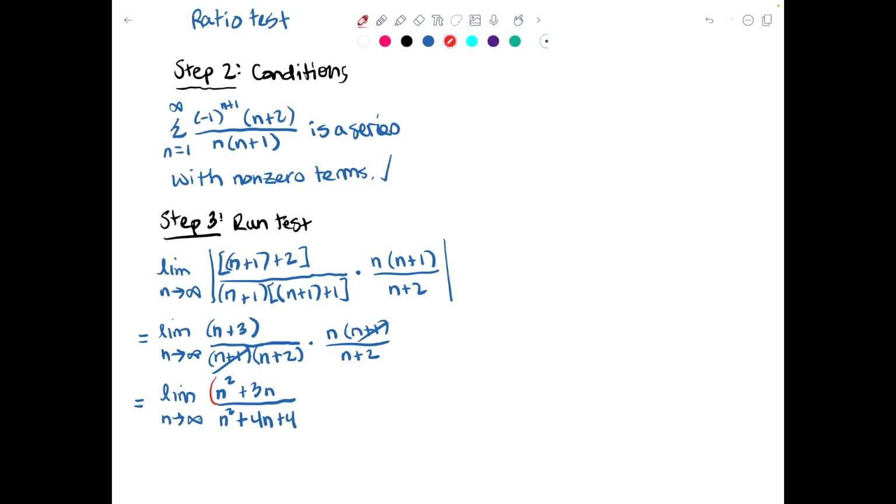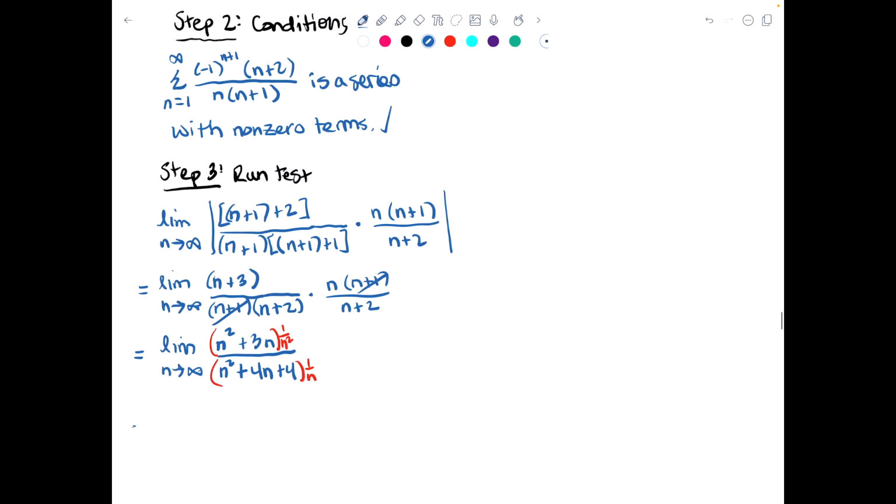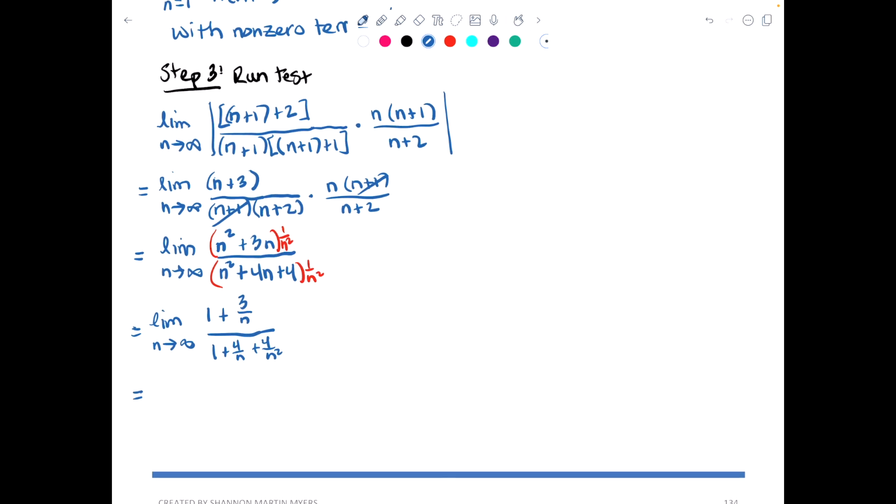And then if you multiply each of them by 1 over n squared, which is the highest power in the denominator expression, then we will get the limit as n approaches infinity of 1 plus 3 over n over, sorry, this should be an n squared, my bad, over 1 plus 4 over n plus 4 over n squared, which is equal to 1.